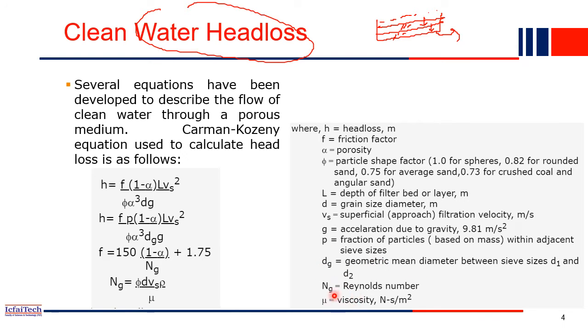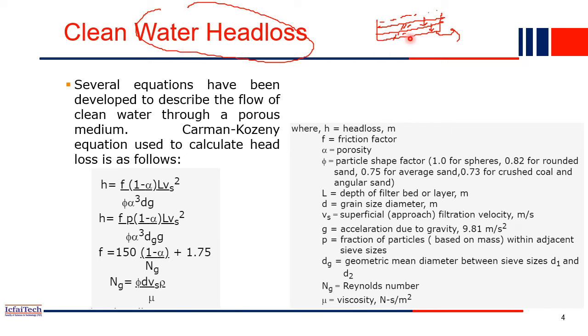Ng is the Reynolds number, and mu is the viscosity of the fluid. The viscosity of water we also know. So once we know all these parameters, we can easily compute the value of head loss h. Using this formula we can compute the head loss, because we have to monitor it, as head loss will tell you many important things about what is going on inside the filter media.